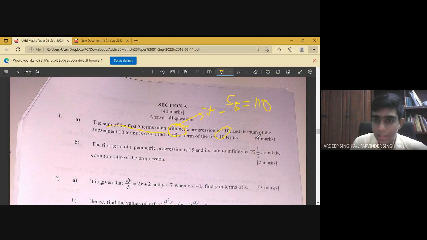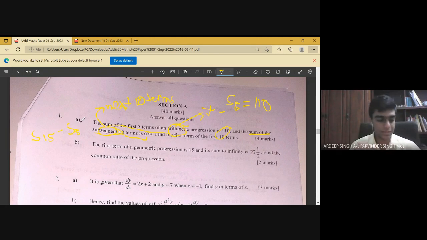Then after that, they say the sum of the subsequent 10 terms. Subsequent 10 terms means the next 10 terms, the next in the line. So from 5, you count from 1, 2, 3, 4, 5, and then you must count from 6 towards 15. But simpler, we just say S15 minus S5, because they say first is S5, correct?